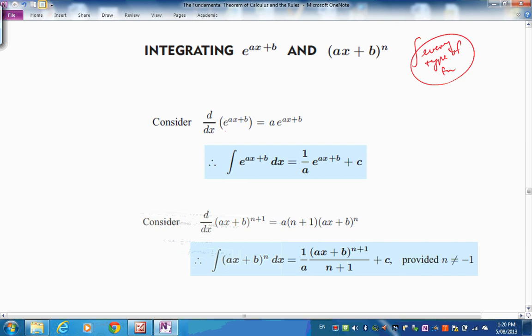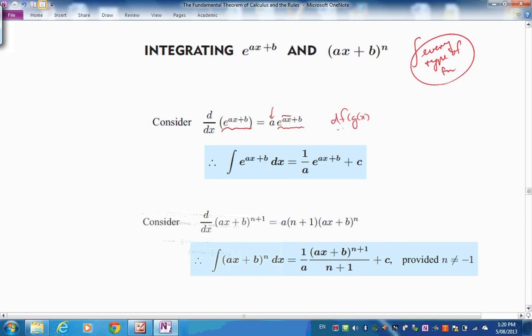Let's reverse this one. When you differentiate e to the ax plus b, what happens? The derivative of e to the ax plus b is itself, but you must multiply by the derivative of this function up here. That's the function of function or chain rule, where you have f of g of x.